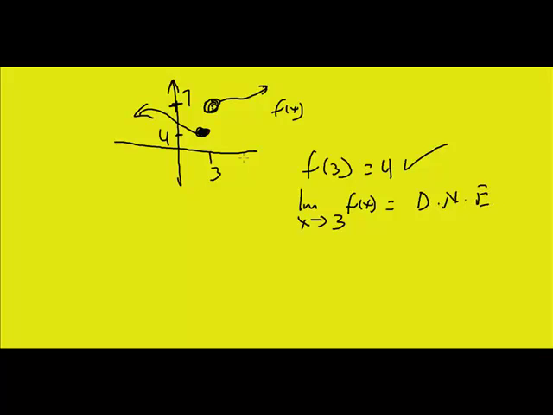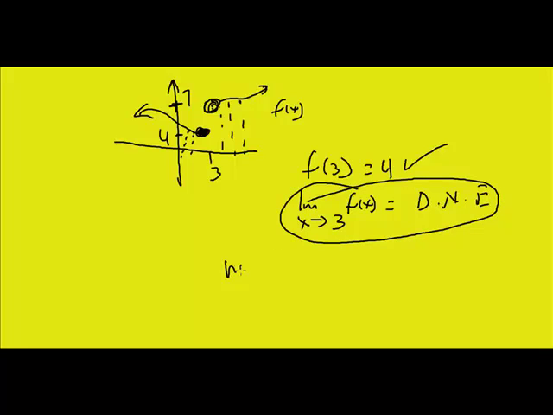Why? Because when I come from the left, it's going to 4, but when I come from the right of 3, it's going to 7. It goes to two different places. So the limit does not exist. If the limit does not exist, then it's not continuous. So that's the definition of continuity.